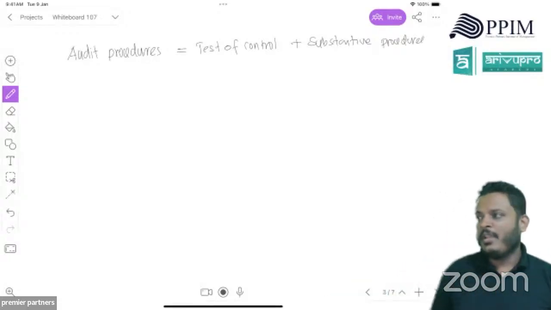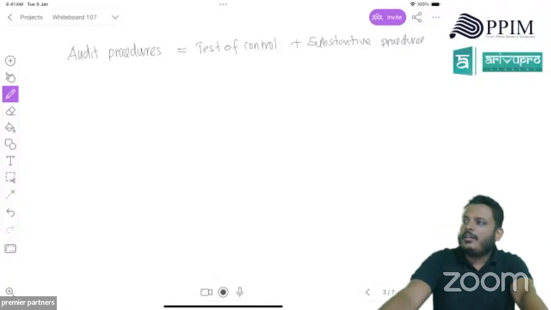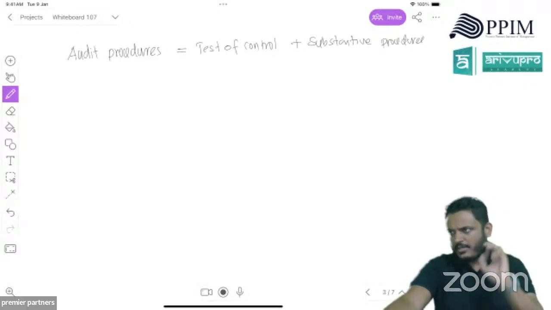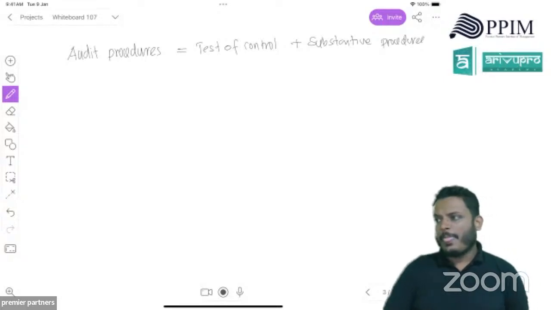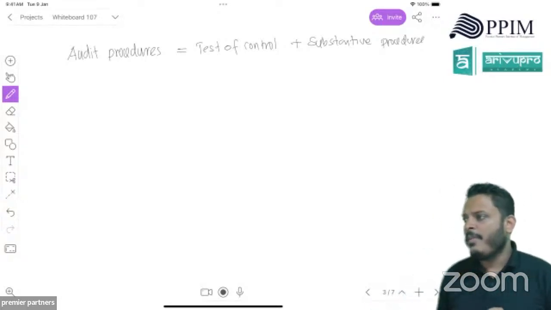That you should know. Because most of the students, even some lecturers also don't know, right? If audit procedures means only substantive procedures. No, audit procedures means you can write test of control, you can write substantive procedures. MCQ, it is meta.